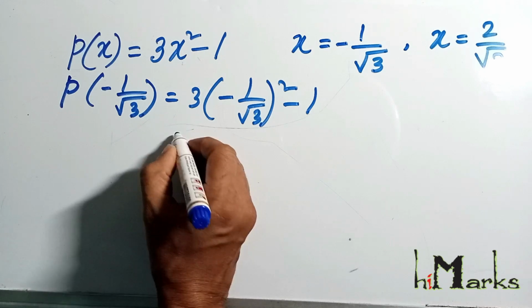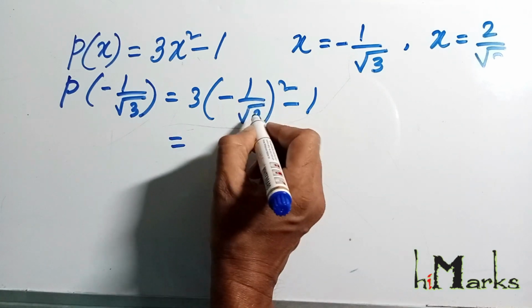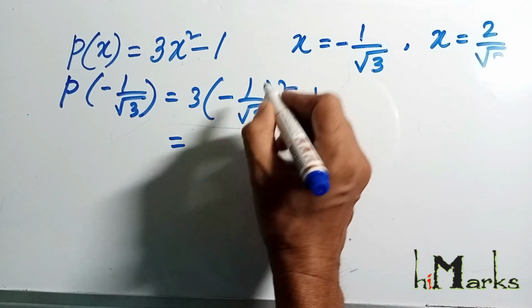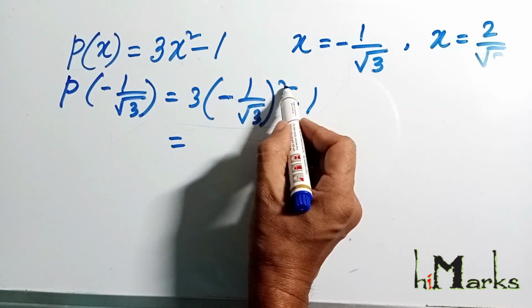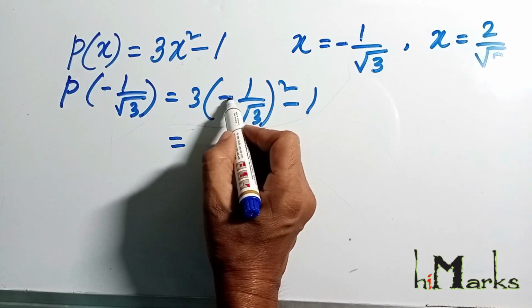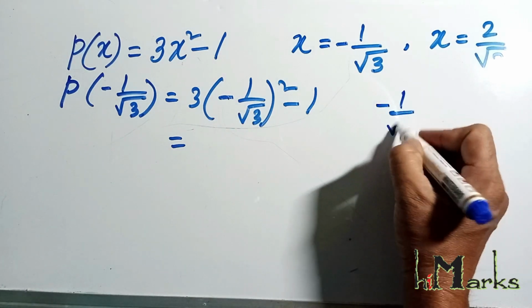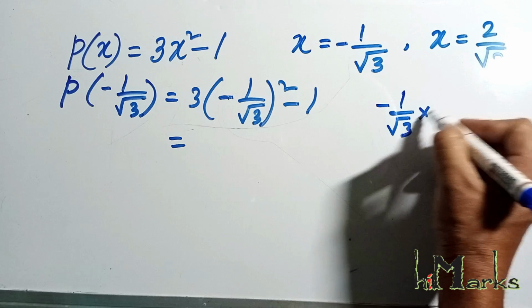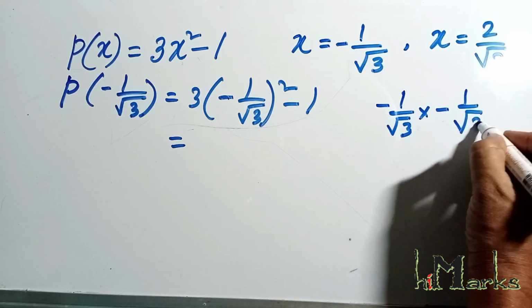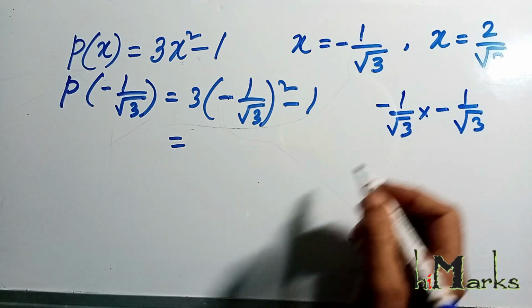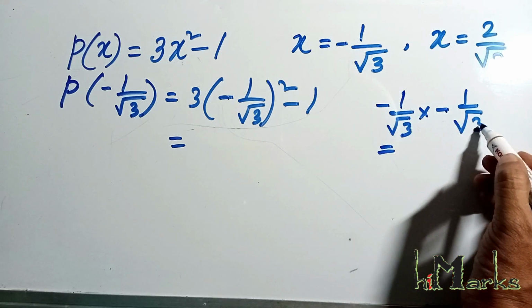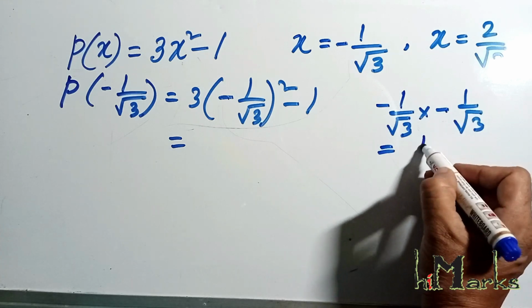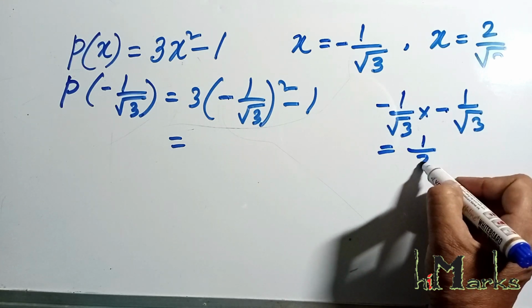So 3x is minus 1 by root 3 square minus 1. If we simplify it, minus 1 by root 3 whole square means 2 times. If you are confused, let us write it this way: we will multiply minus 1 by root 3 twice, so minus and minus become plus, and root 3 and root 3 become 3, 1 and 1 is 1, so numerator 1, denominator 3.